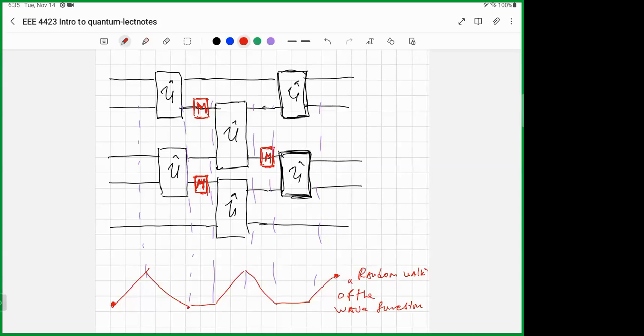I must note, however, that after publication of that paper, there were many other works that claim it was not a truly quantum supremacy, because using other approaches, one can still simulate this random walk of quantum wave function using classical computer and so on and so forth.